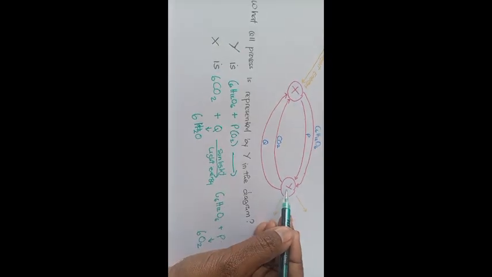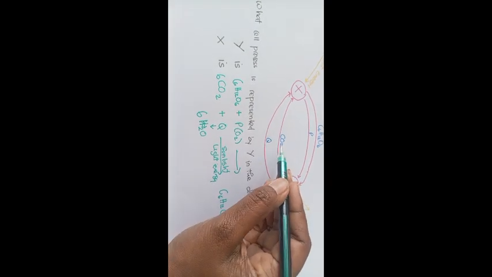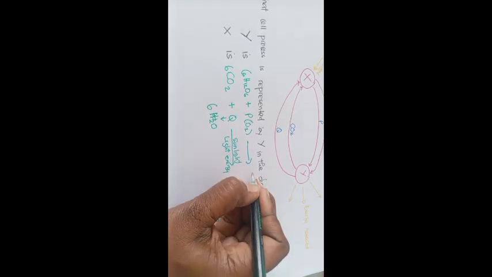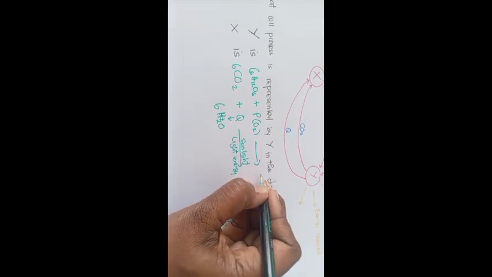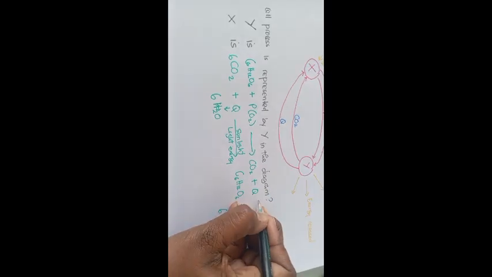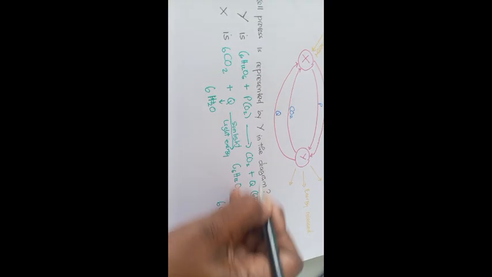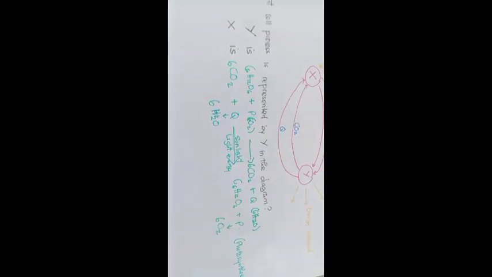Look at Y. The arrow moving away from Y is carbon dioxide and Q. So those are the products of Y. We write carbon dioxide plus Q, which was found out to be water. You can balance it afterwards.